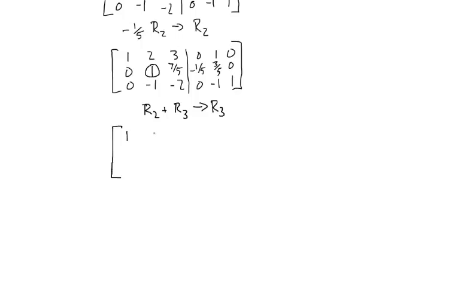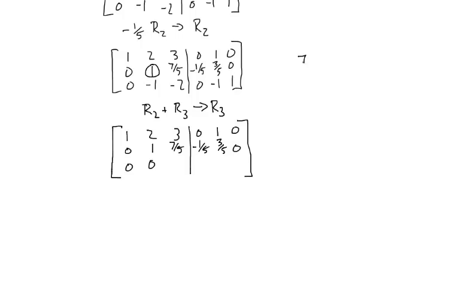So row 1's not changing. Row 2's not changing. And now row 2 plus row 3, and we're going to put it in row 3. So 0 plus 0, 1 minus 1, and now we have 7/5 minus 2.